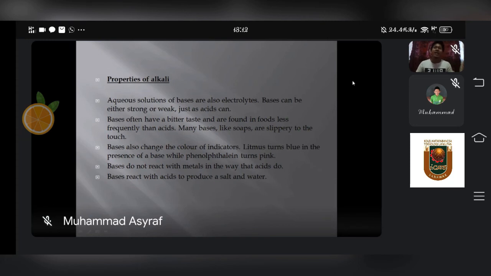Many bases, such as soaps, are slippery to the touch. Bases also change the color of indicators. Litmus turns blue in the presence of a base, while phenolphthalein turns pink. Bases do not react with metals in the way that acids do. Bases react with acids to produce a salt and water.